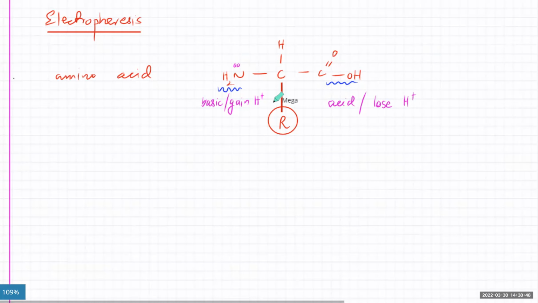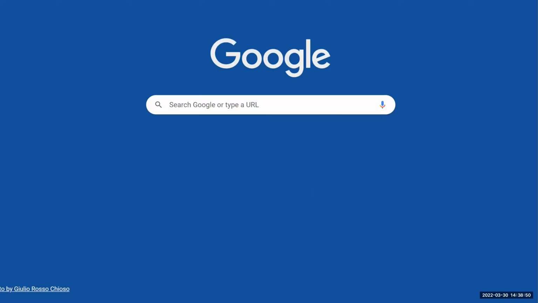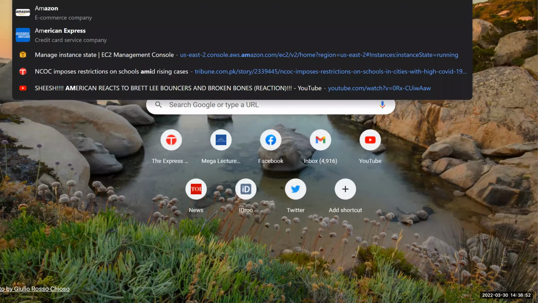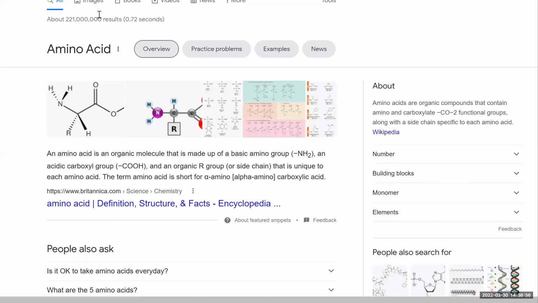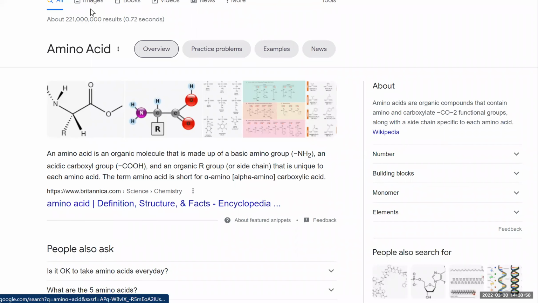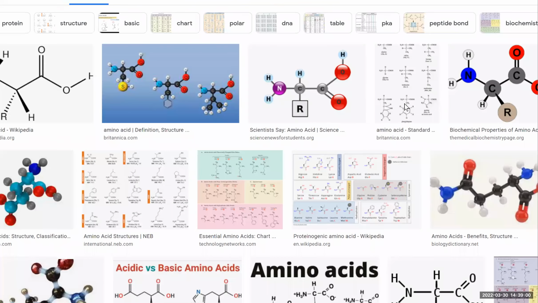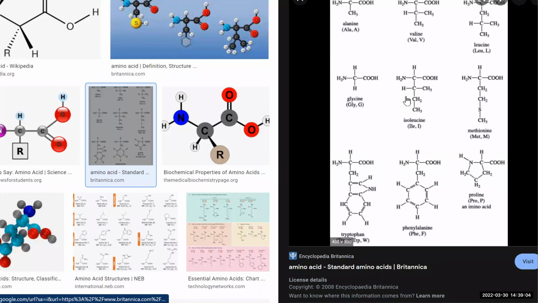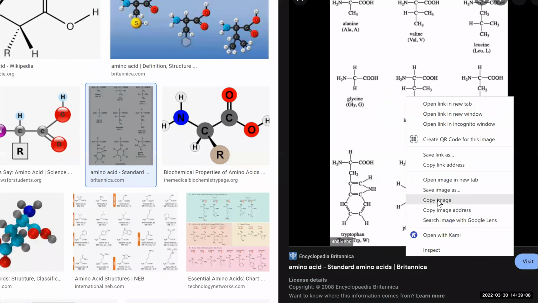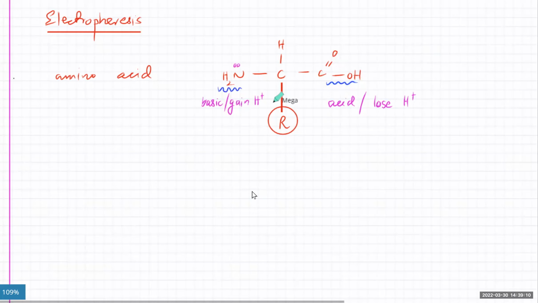Or कुछ examples कर लेते हैं. Amino acids, the only thing is that the R group keeps changing. यहाँ पे there's going to be a list, ये अच्छी list है. So there's this list of amino acids, और इसको copy कर लेते हैं.